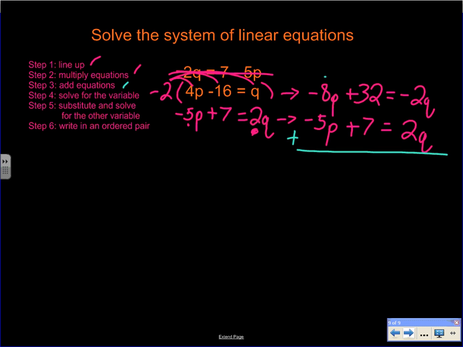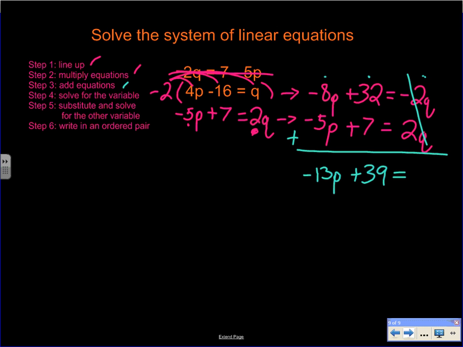Negative 8p plus negative 5p. They're both negatives, so when we add them together, we're going to get a negative 13p. 32 plus 7 is 39, and negative 2q plus 2q, those cancel.